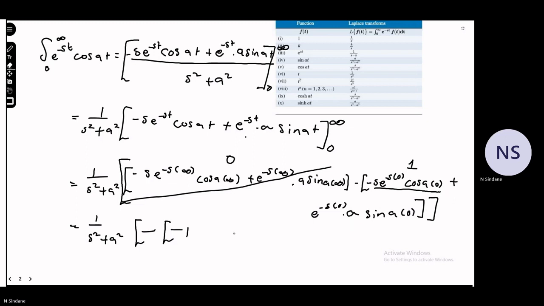And this part, sine of 0, is 0. So it's going to cancel everything here, which will give us 0. Then this is plus 0. But remember, this is 1, but we also have s. So it's going to be s multiplied by 1. So in this case, we can have s here, and then this will give us s over s squared plus a squared, which is this here.